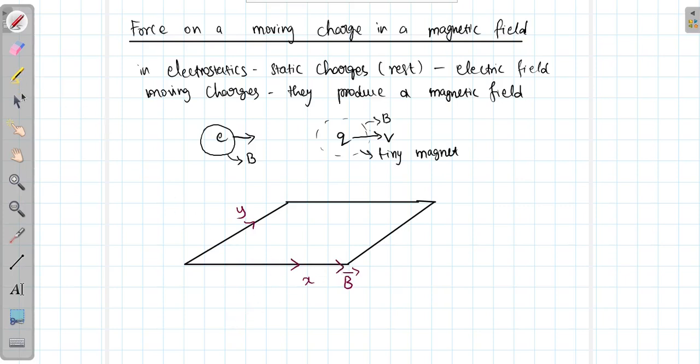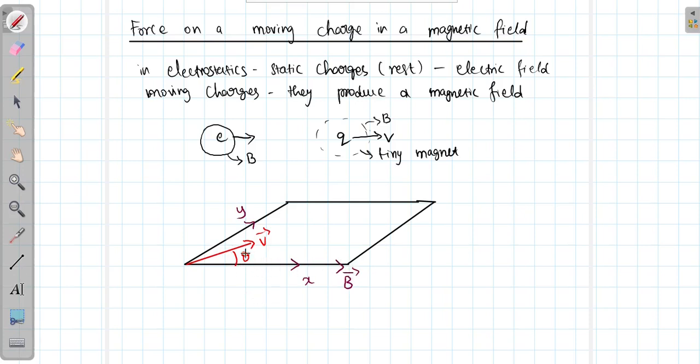The charged particle is now moving with a velocity in the xy plane, making an angle theta with the x-axis, otherwise making an angle theta with the magnetic field.